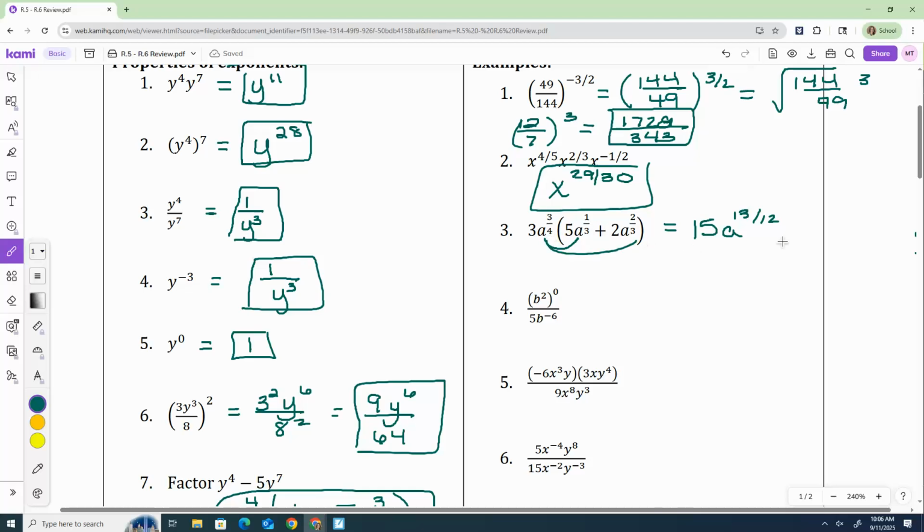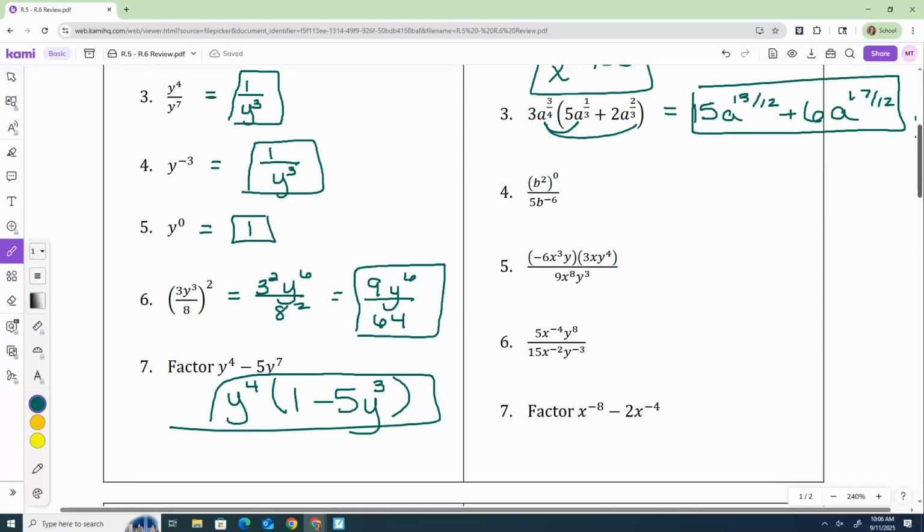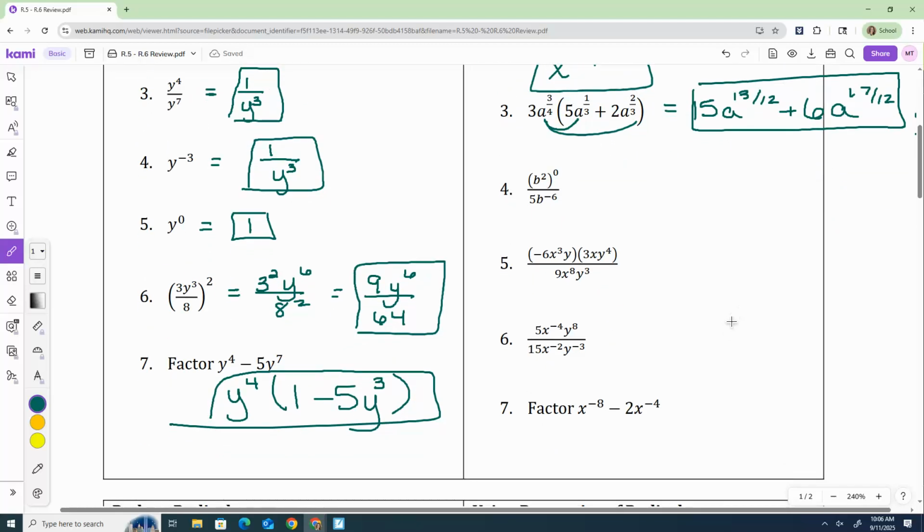Okay, then you distribute it to the next one, so 3 times 2 is 6. A, add exponents, 3/4 plus 2/3. 17/12. Sounds about right, trust me. Still human, I still make mistakes.